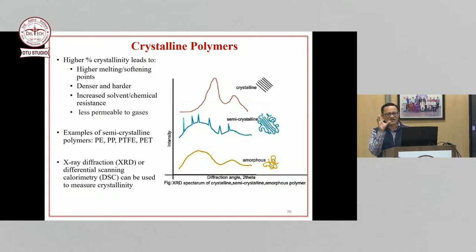You can imagine if you have uncooked noodles, you need to heat it more, you need more solvents to dissolve it rather than a cooked noodle, and it's less permeable to gases. Amorphous, it's easier for things to move. Compact, uncooked, crystalline, it's difficult for things to move, right?